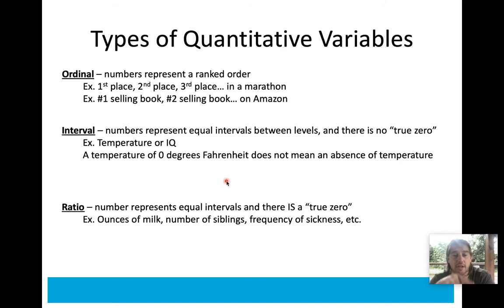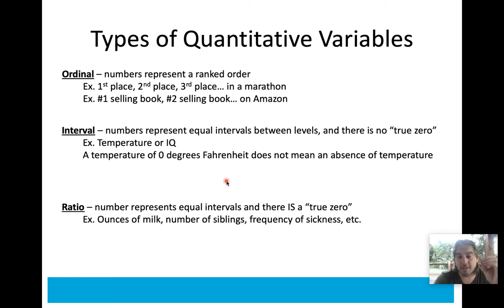So when something has a true 0, we call it a ratio variable. So things with true zeros are like the number of siblings that you have. If you answer 0, it means the absence of siblings. Ounces of milk in your refrigerator: someone might have 30 ounces of milk in the refrigerator right now.